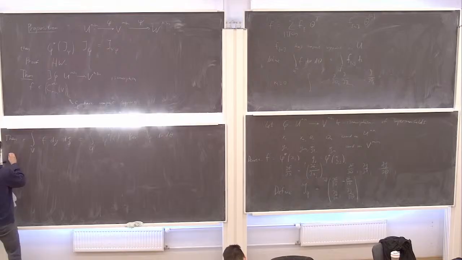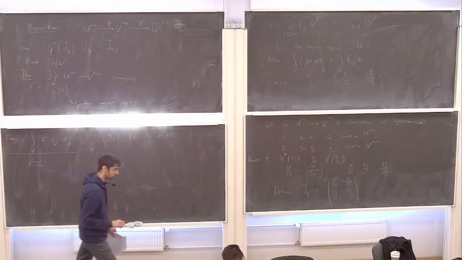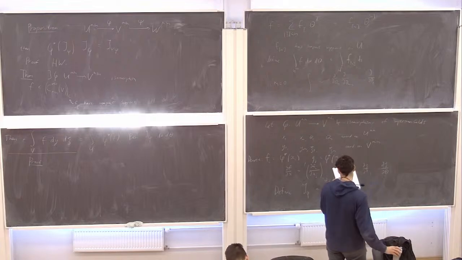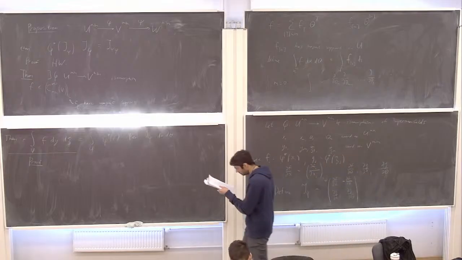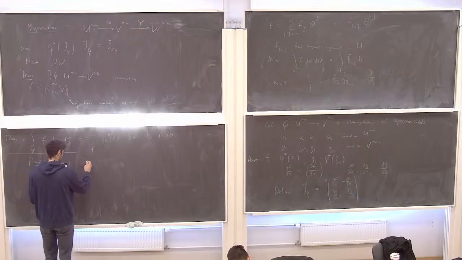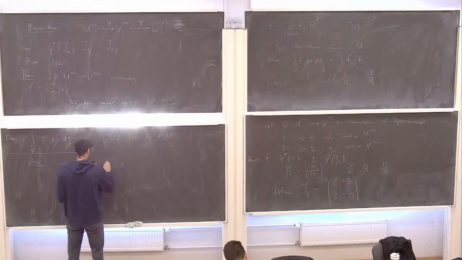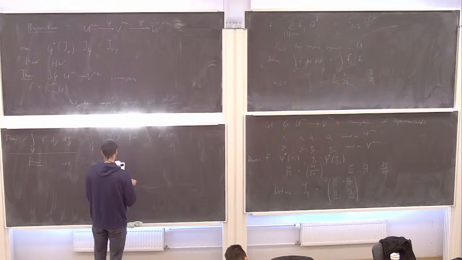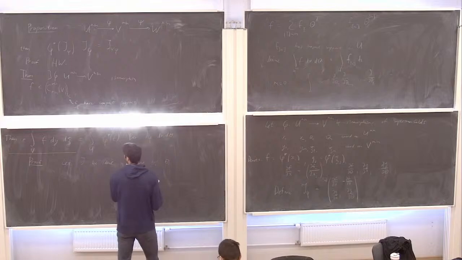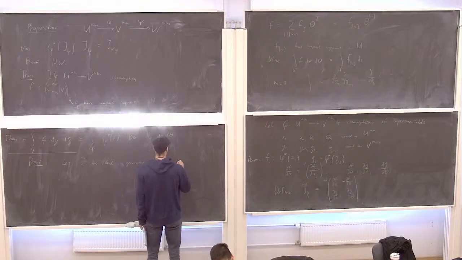So, proof. First of all, as usual, I will denote by J the ideal generated by theta_i, so it's an ideal inside C infinity of M_n on U, generated by theta_i for i from 1 to n.